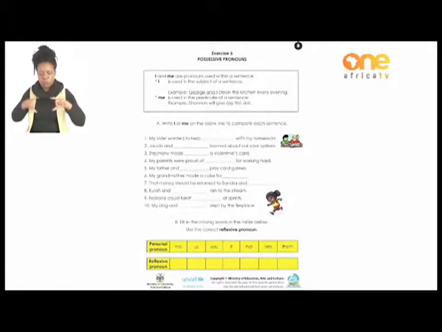Moving on, there is also an activity that you need to do underneath number 10. B, it says, fill in the missing words in the table below. Use the correct reflexive pronoun. Now, you are given 2 blocks there. One is for personal pronouns and the other one is for reflexive pronoun. Underneath me, you will have to write a reflexive pronoun that refers to me.